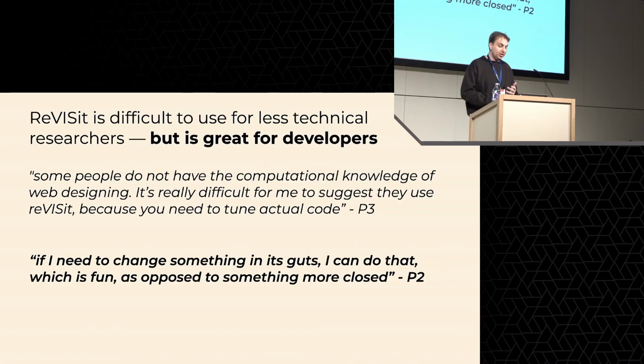All 3 of our participants told us something similar, and all 3 actually modified the core reVISit code, which we had not intended for them to change, but is all a part of the workspace of any reVISit study. So for us, we think that the open, customizable nature of the tool is actually a great spot to be in, and that we can now kind of work backwards to reduce some of the complexity for researchers who don't want to or can't modify core code, while leaving open the possibility for those who can.